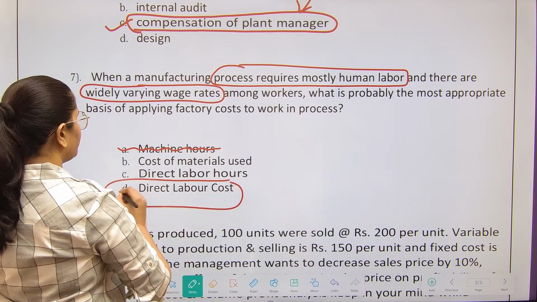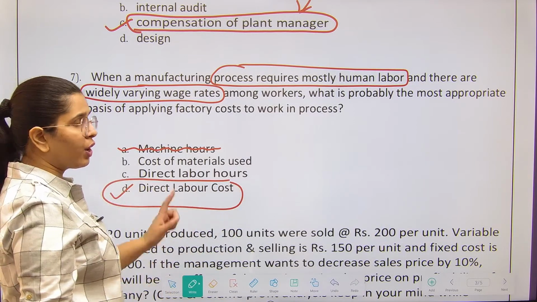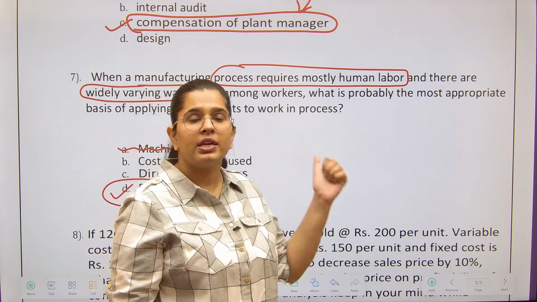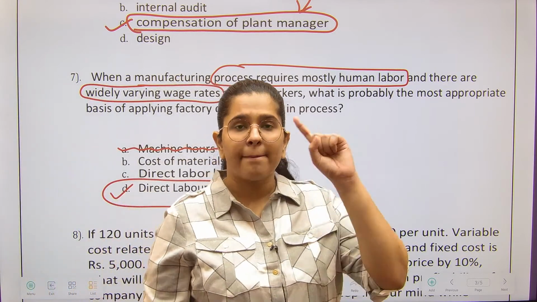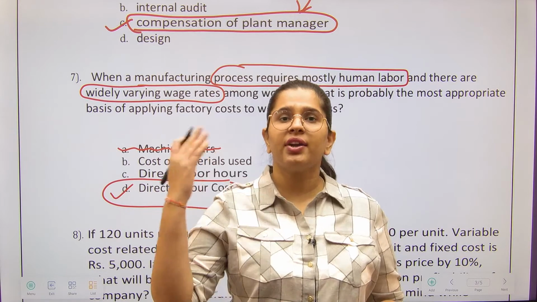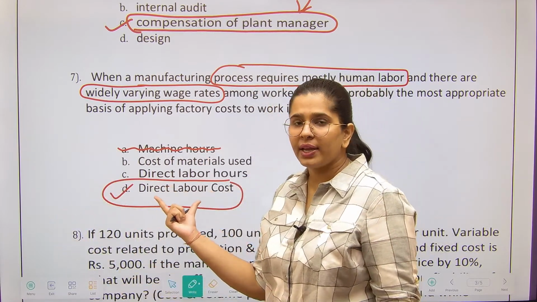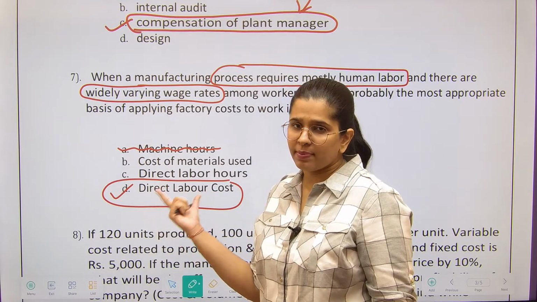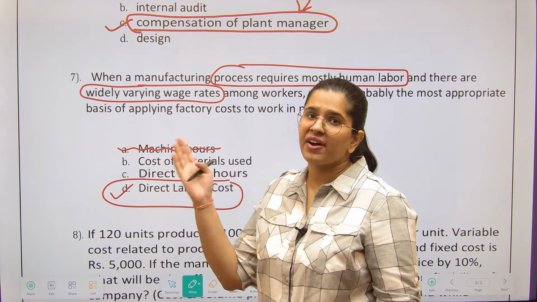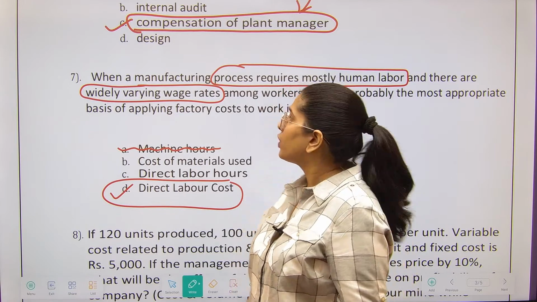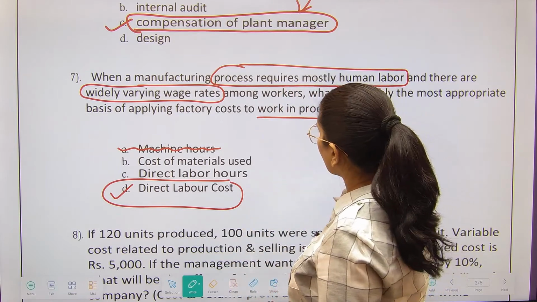That's why I will use direct labor cost, because it will have the number of people as well, multiplied by the wage rate which I am paying. So this will be a more appropriate basis on which I will apply factory cost to your work in progress.